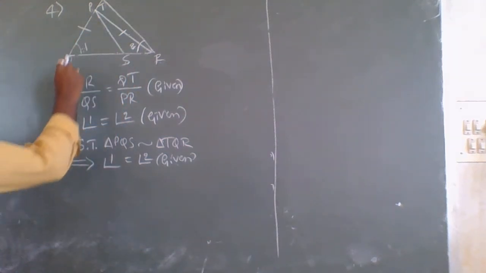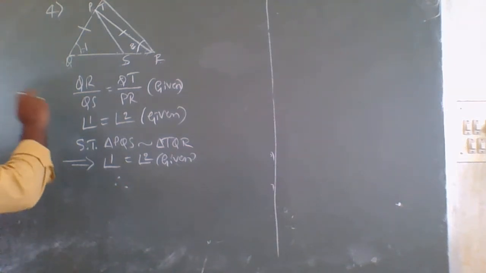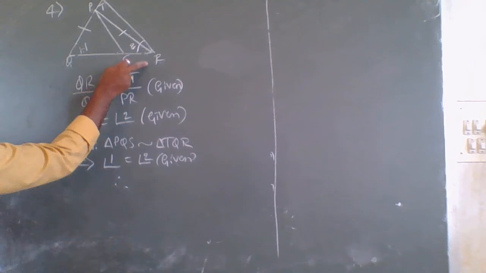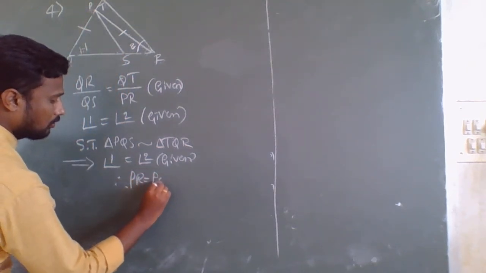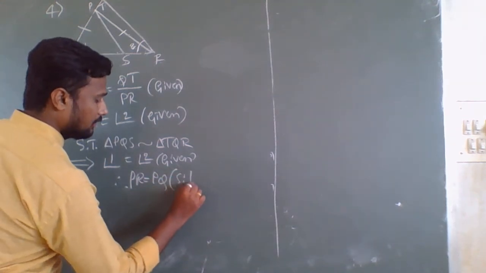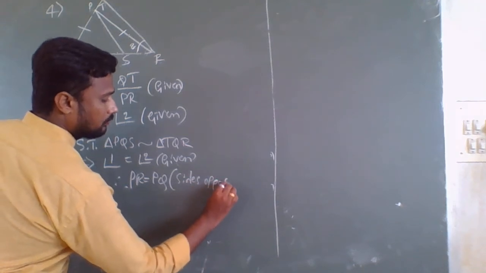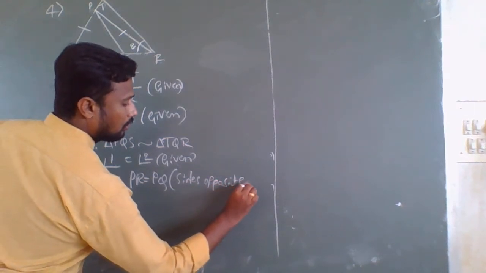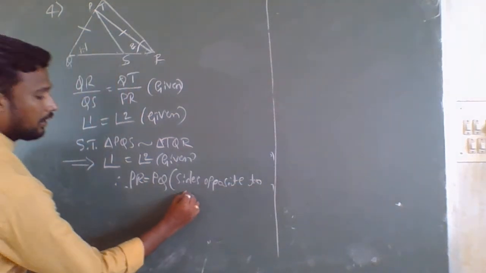Therefore, PR equals PQ, because these two are sides opposite to equal angles.